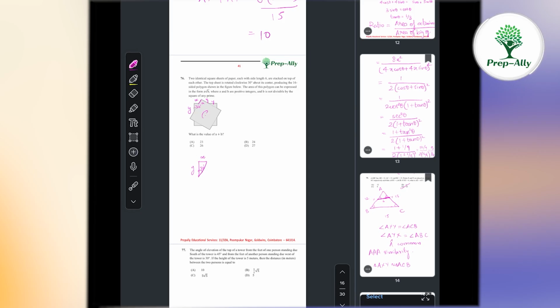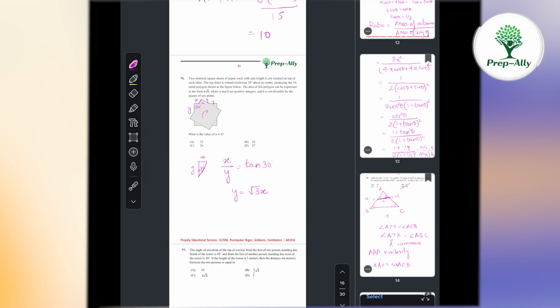So x by y equals tan 30. So y equals x by tan 30, which is x by 1 by root 3, which is root 3x, right?